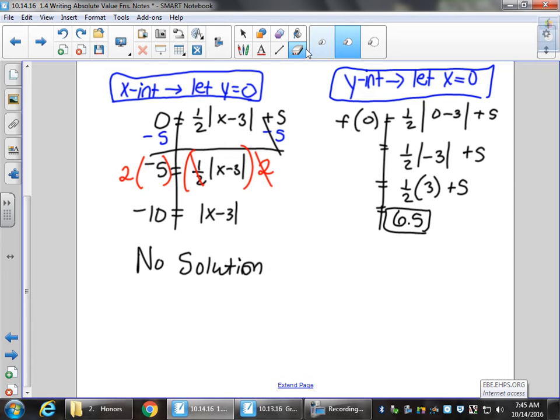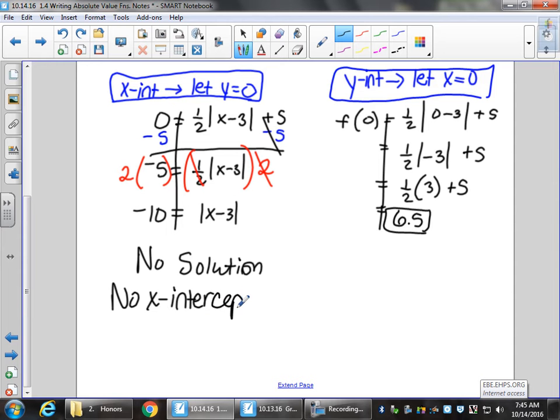Just going to move this comment over. So no solution, no x-intercepts over here. But we definitely have a y-intercept at 0, 6.5. Again, you let x be 0, which is how I remember that it's 0, comma 6.5.